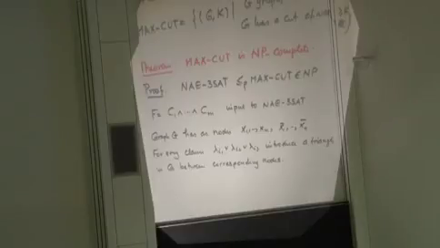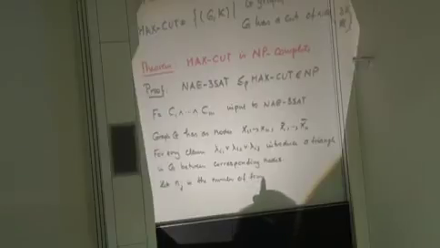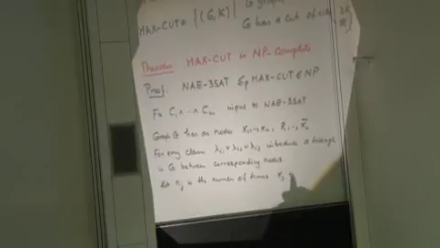So let's say nj is the number of times xj or its complement xj bar appears in F.